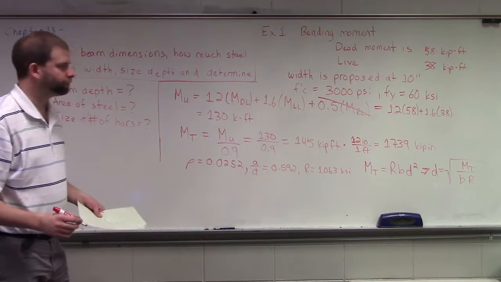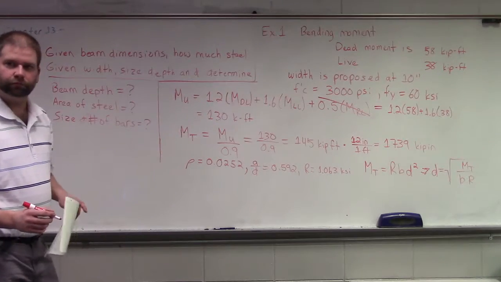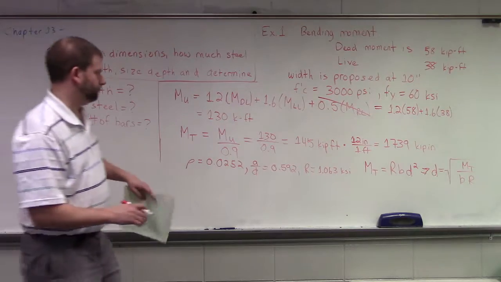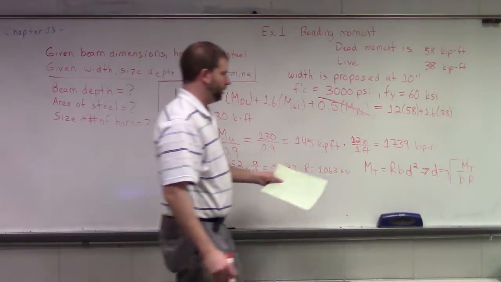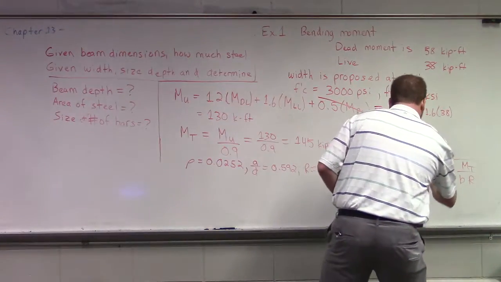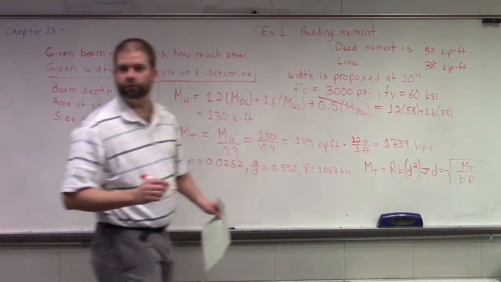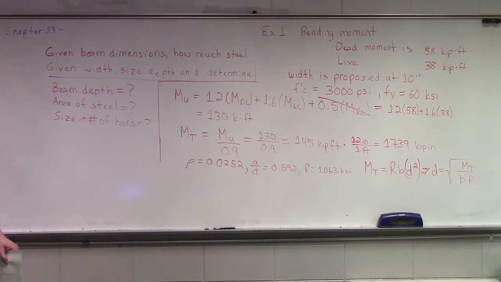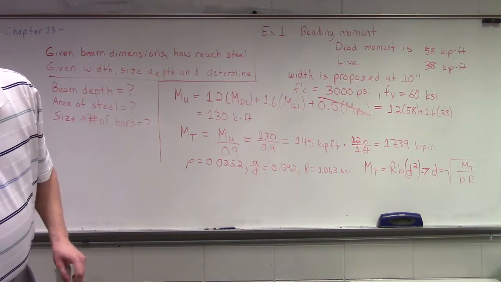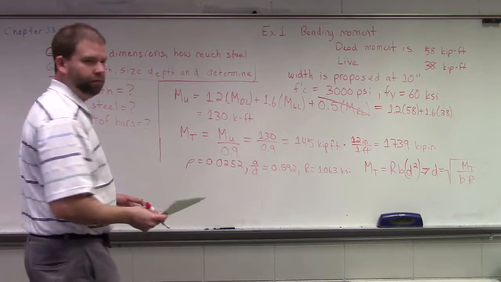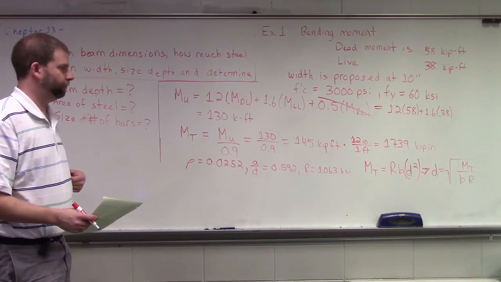So your MT equals R B D squared. How did you get that? I get where we got R from, the table.